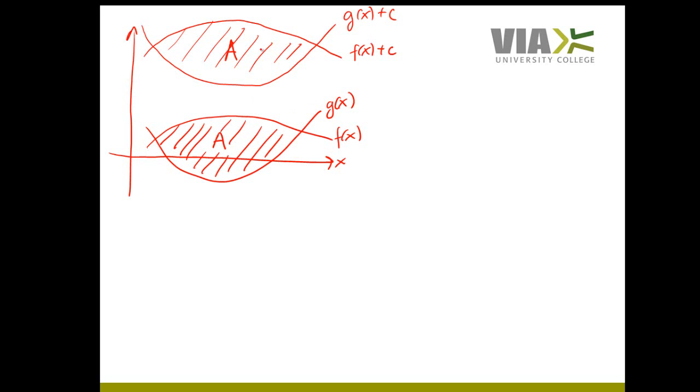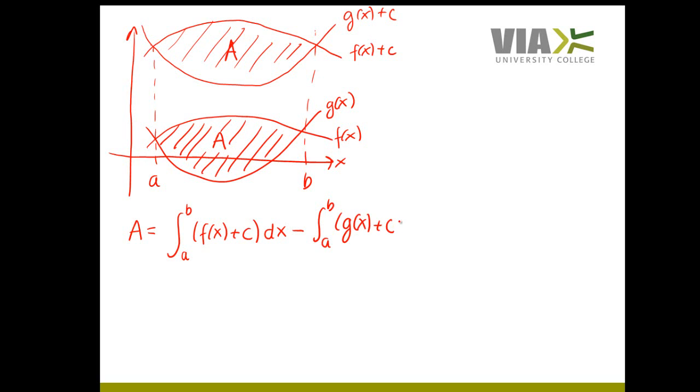So if we should find the area of what we have up here, we could call that A equals the definite integral, and let's say that the limits we label a and b. They will be the same, of course, we've just made a parallel displacement of the area in question. So it will be the definite integral from a to b of the upper function, f(x) plus c dx, subtracted with the definite integral of the lower function, which is g(x) plus c dx.